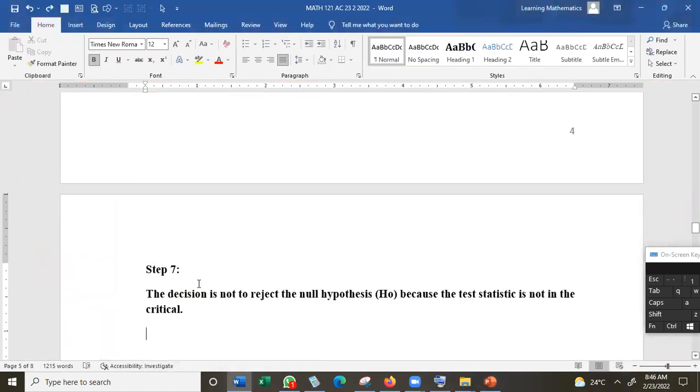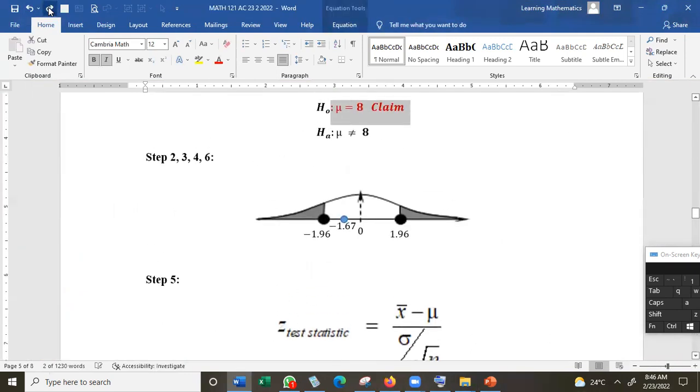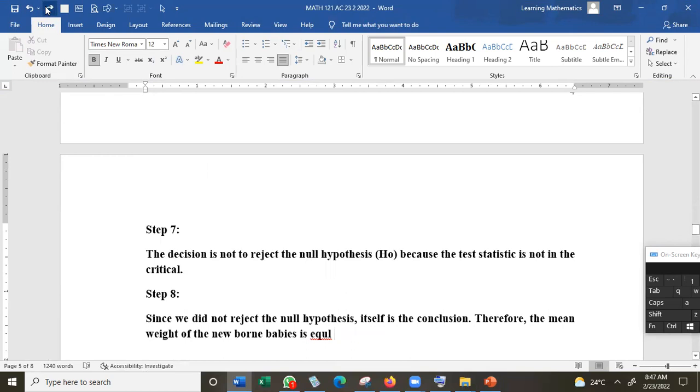We did not reject the null. So therefore the null is the conclusion. Since we did not reject the null, which is the claim, it is the conclusion. And we have to state it in words. So therefore the mean weight of the newborn babies is equal to 8 pounds based on the data.